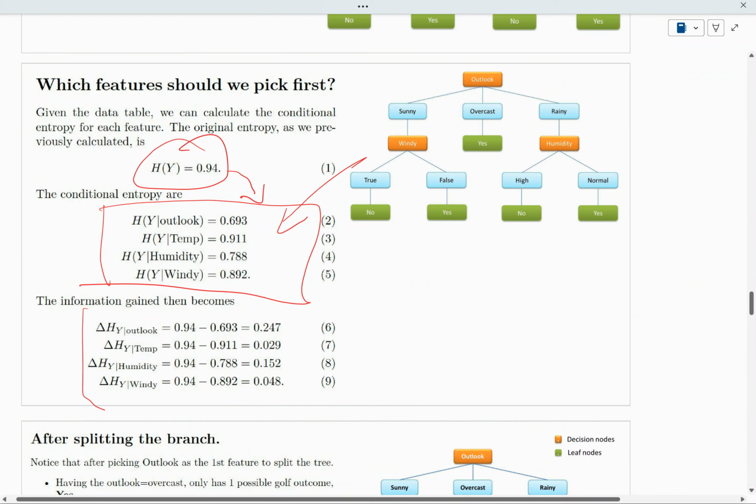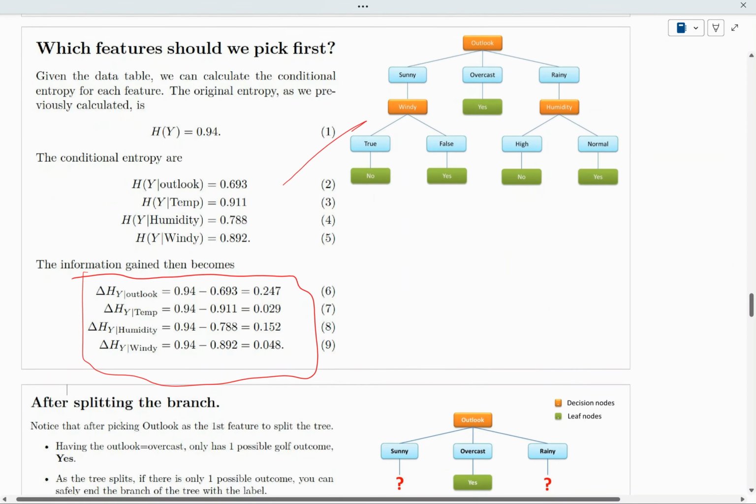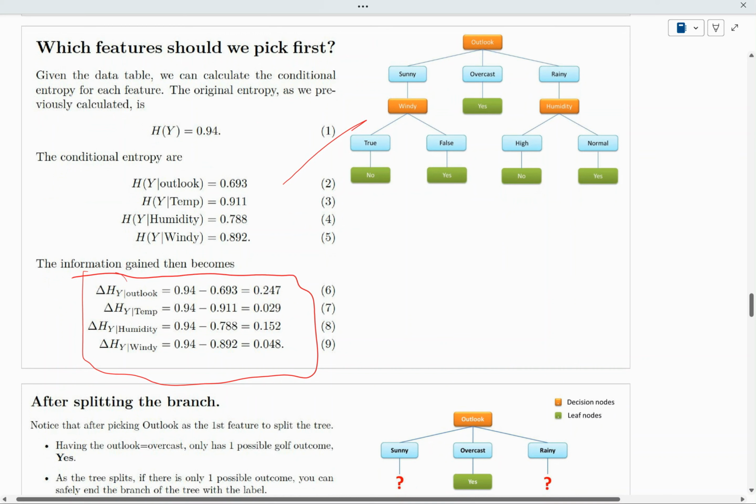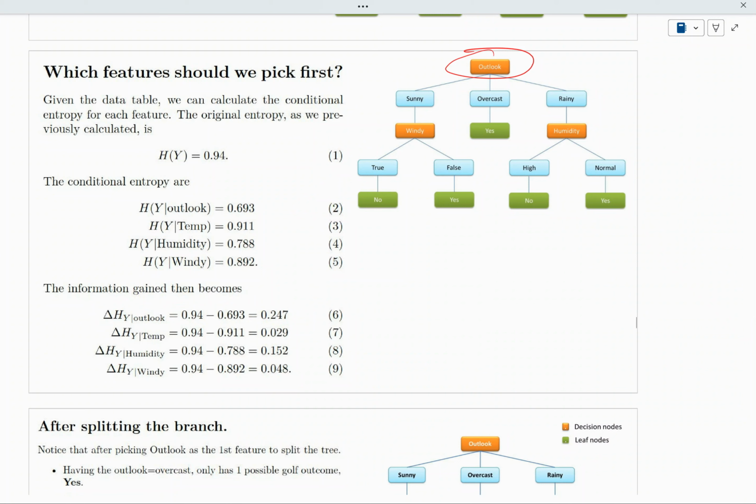So let's take the original minus the conditional, and we'll see that this one right here, the outlook, seems to give us the most amount of information. Therefore, it makes sense to start with outlook. We'll start with this question to split the tree because outlook tells us the most about the final decision, right?